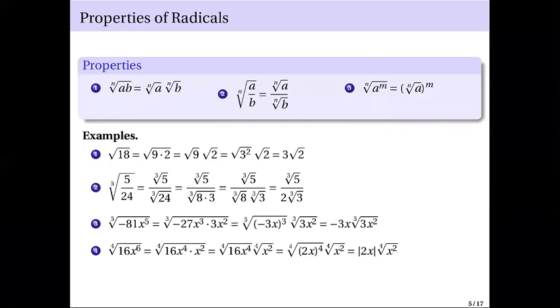Questions? Now, take note, we have the absolute value of x in here. Look at the original expression in here. You have the variable x and you raise it to power 6. So, if you have any number and raise it to power 6, it will always give you positive number. Which means that 16x to the 6, this is always positive.